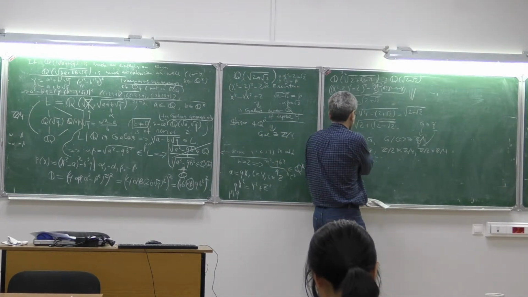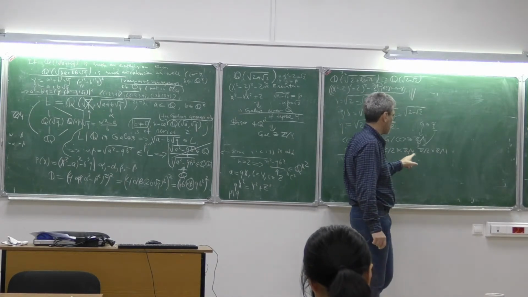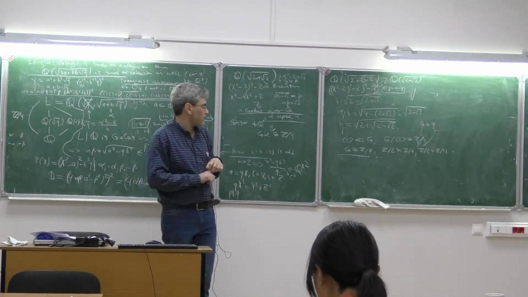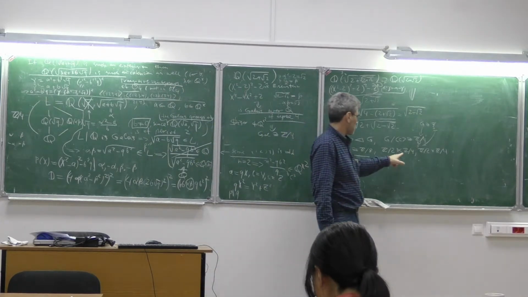Order 8 gives us this case. Order 4 gives us either. If it is of order 4, it is a normal subgroup.